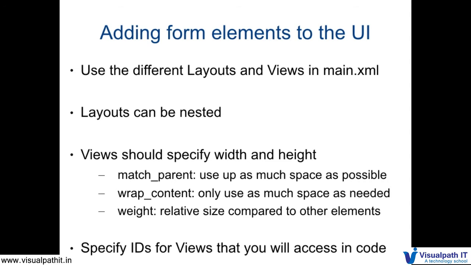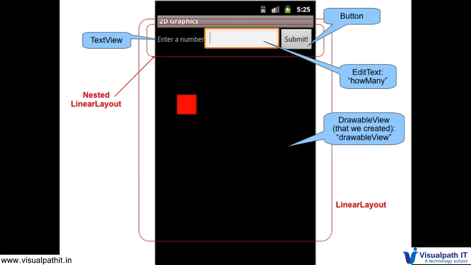Okay, going forward, here it's just a simple layout which I represented. This "enter a number", if you are a web developer, or in other places in general, they will term this as a label.